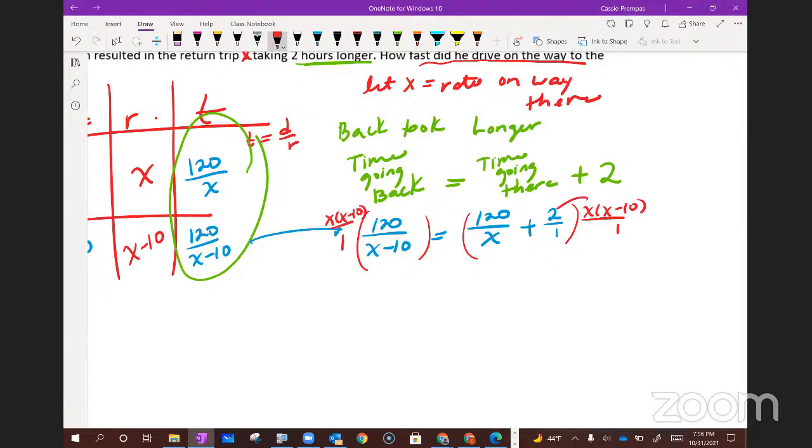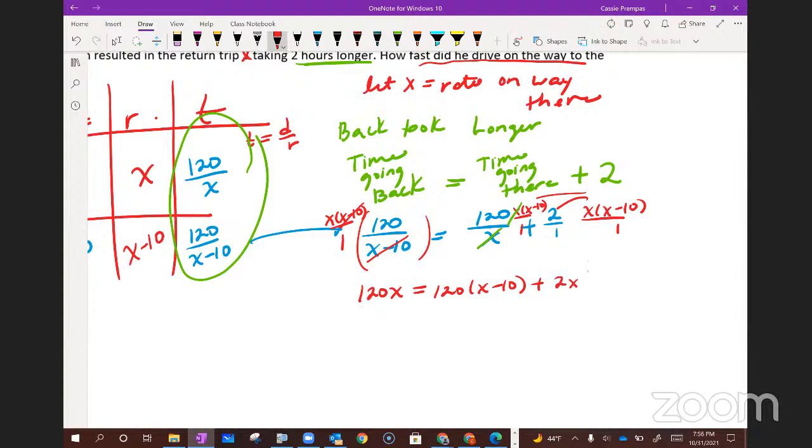I'm going to distribute, so x times x minus 10, and reduce before you multiply. So x minus 10 goes into itself once, and that gives me 120x is equal to, if I look at reducing, let's see, I distributed so I can take away those parentheses. x goes into itself one time, so I'm left with 120 times x minus 10 plus nothing reduces here.